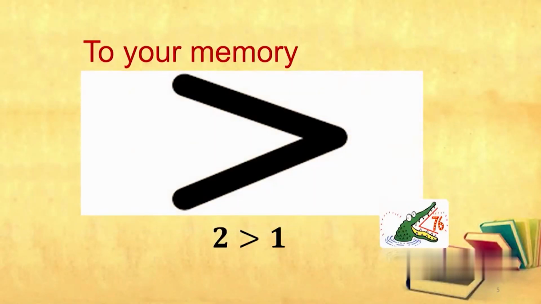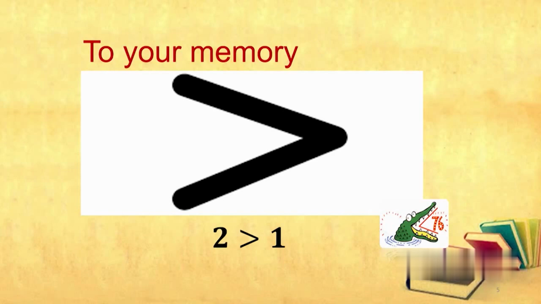In this symbol, what is the symbol? Yes, greater than. In this symbol, look at the left side. The left side has 2 ending points, but the right side has only a point. You know 2 is greater than 1.